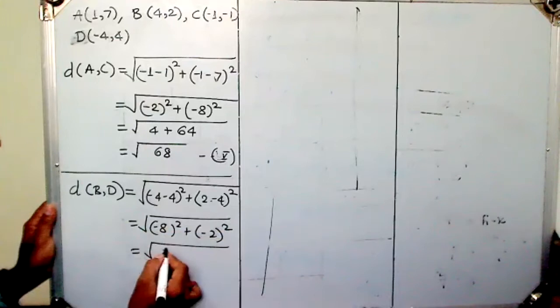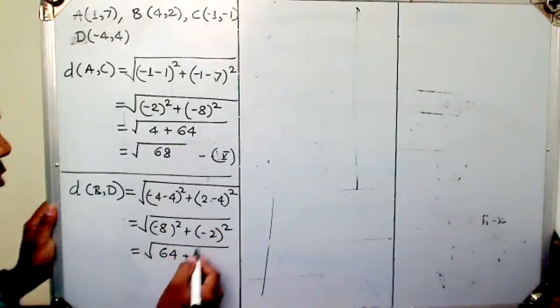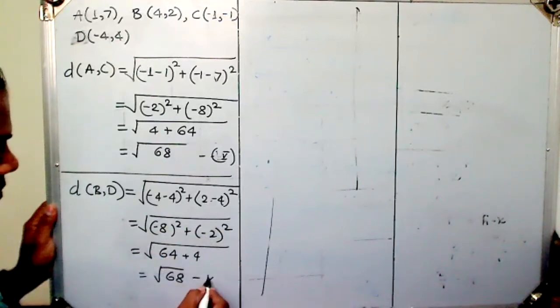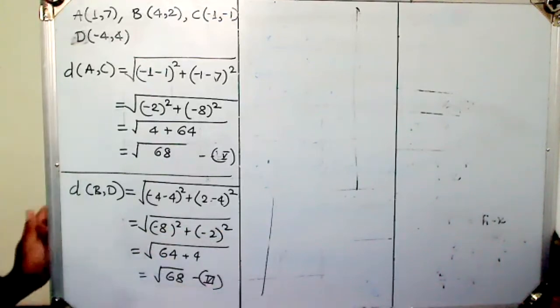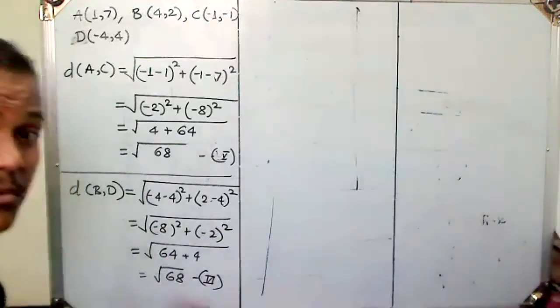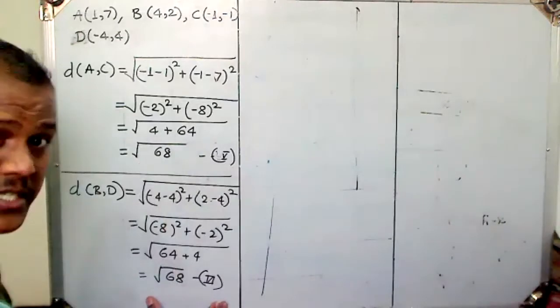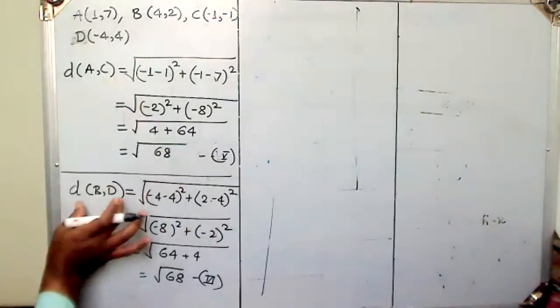Again, (-8) square is 64 and 2 square is 4. Again, 64 plus 4, root 68. I am naming this as equation number 6. From equation 5 and equation 6, distance AC and distance BD.